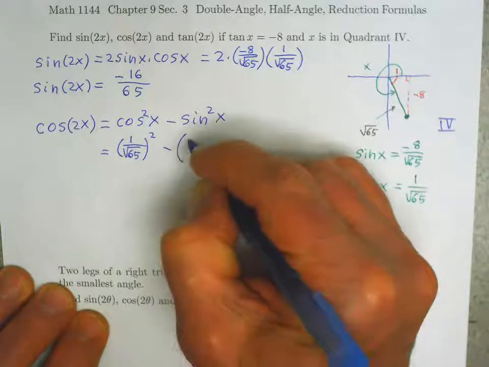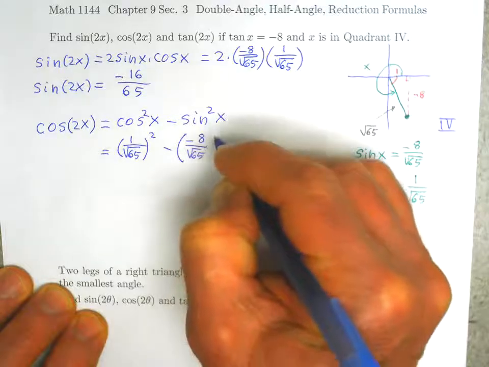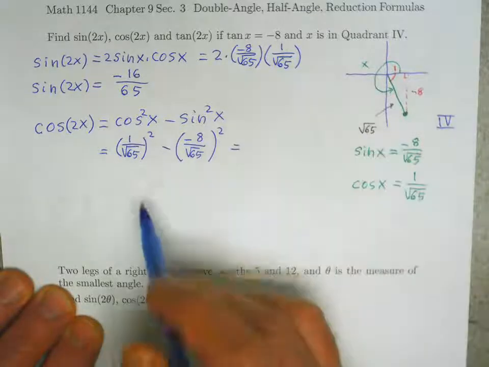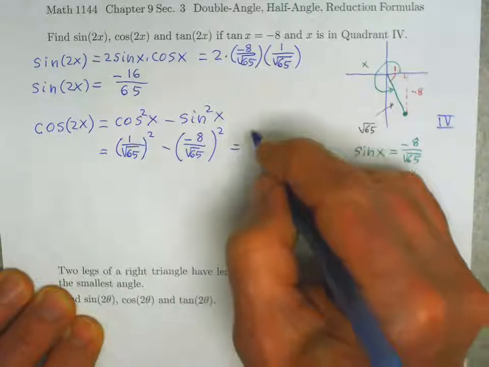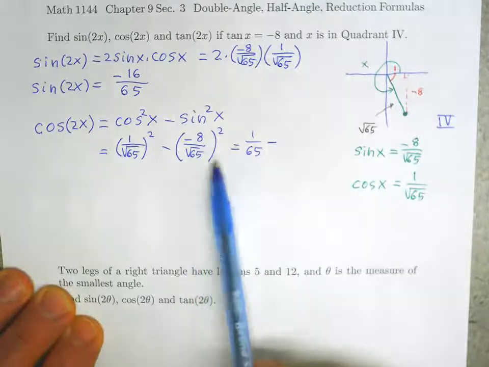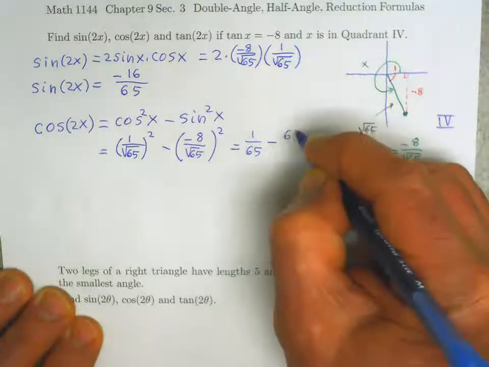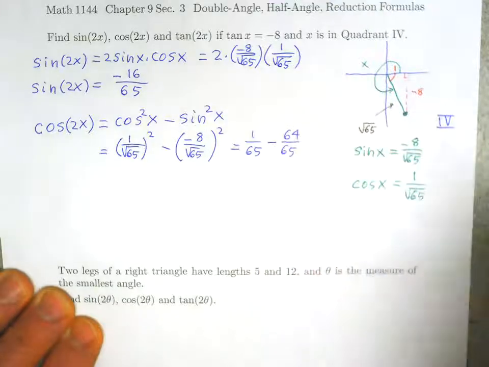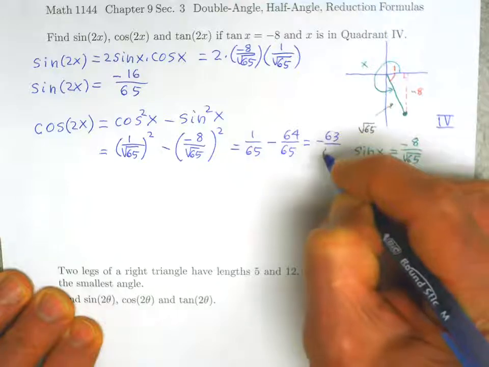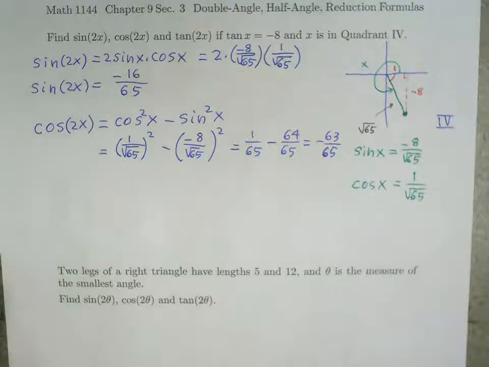So we're going to square the number negative 8 over the square root of 65. And then do the arithmetic. So 1 over the square root of 65 squared is 1 over 65. And then minus, when we square negative 8 over the square root of 65, we get 64 over 65. And so this becomes negative 63 over 65 for the cosine of 2x.